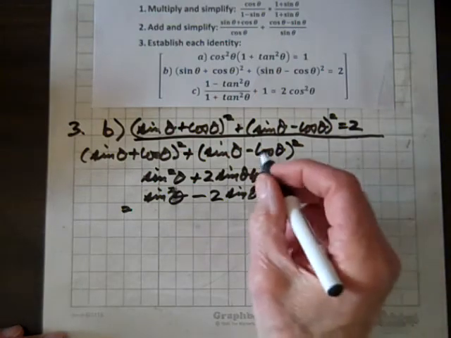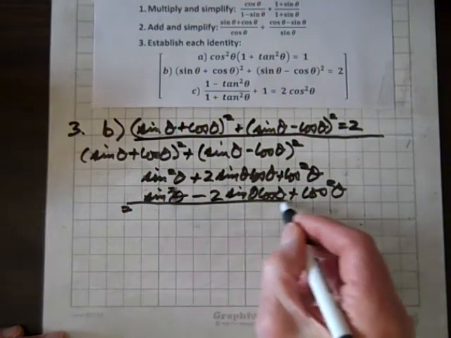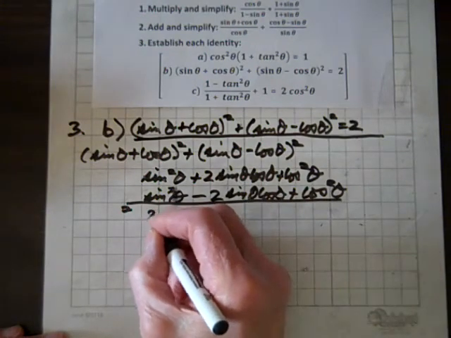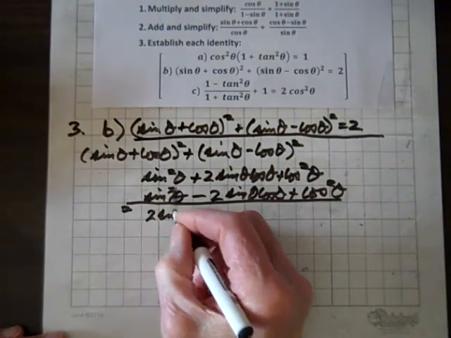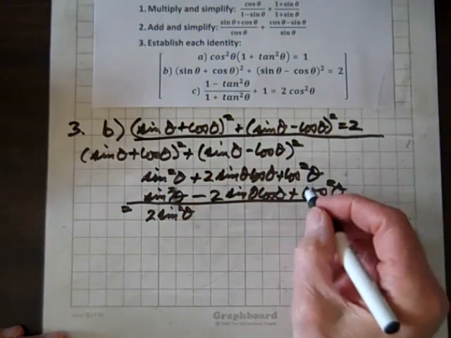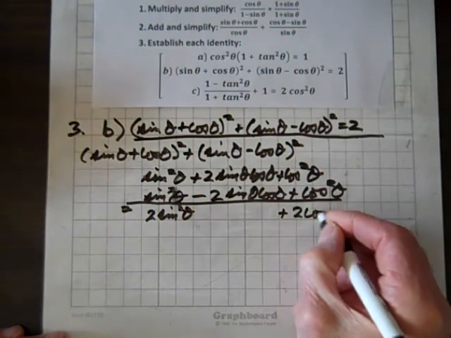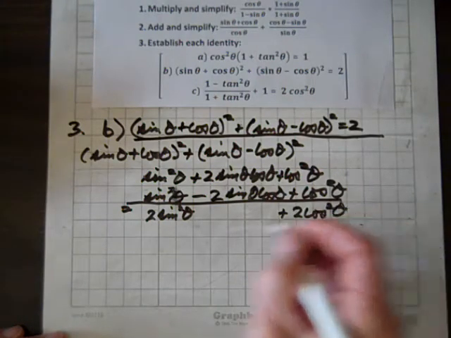When you FOIL this out, this is what you'll get. We add these up and we get 2 sine squared theta. These add out, but we get plus 2 cosine squared theta.